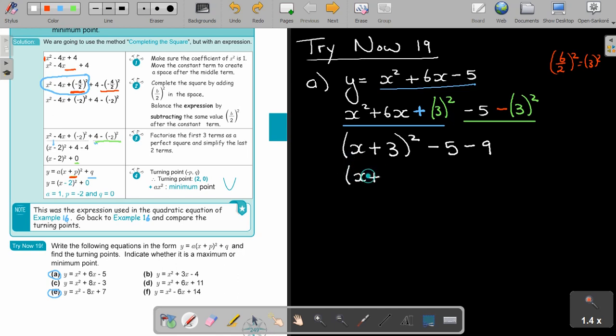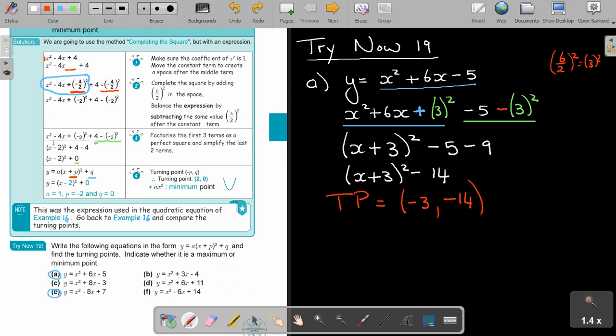So it's going to be (x plus 3) squared minus 14. Now, therefore, this is now in this format. But the turning point will be, remember I changed this sign so it becomes a negative. And I just take the sign in front as it is, and it's negative 14. And that's the turning point of this graph.